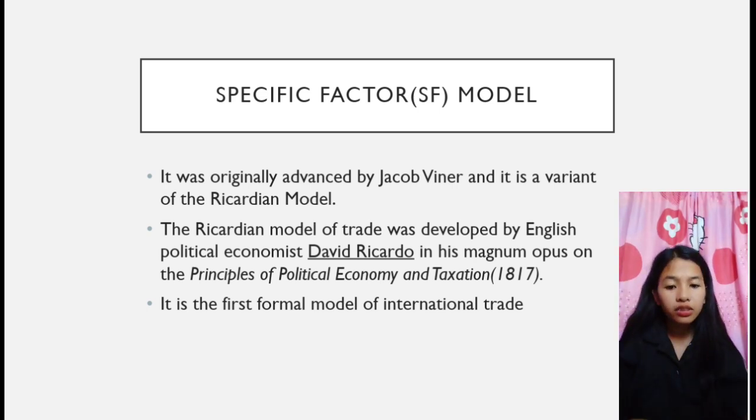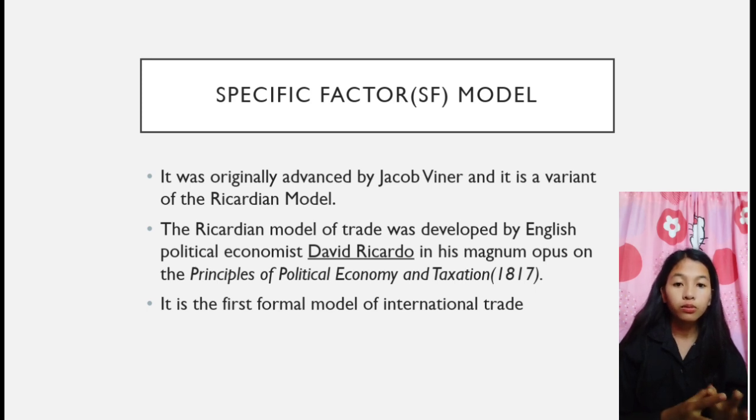The specific factor model helps to break down complex systems into smaller, easier to understand parts. Each factor plays a distinct role, allowing for a better understanding of how the whole system functions.